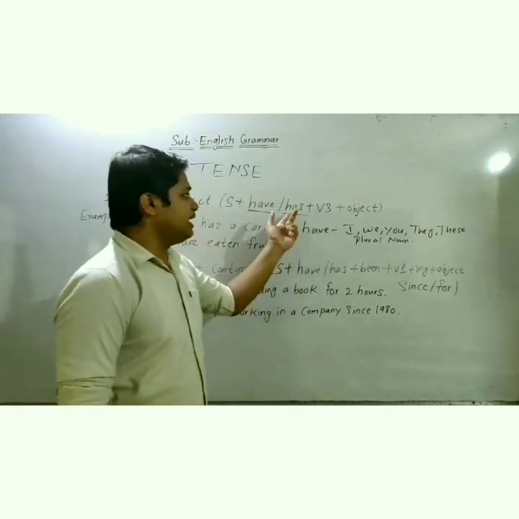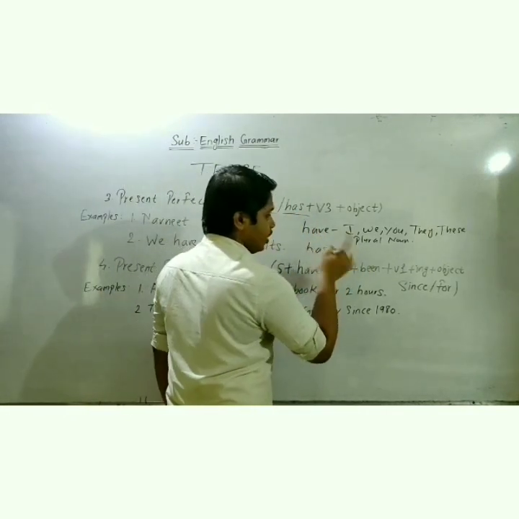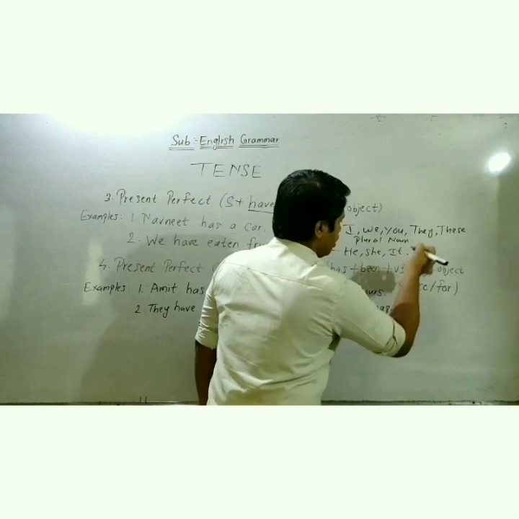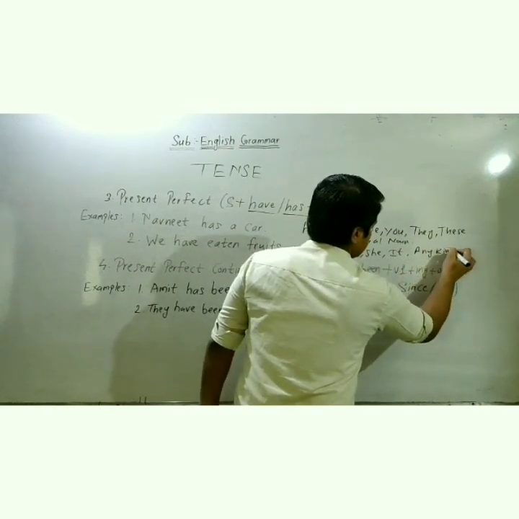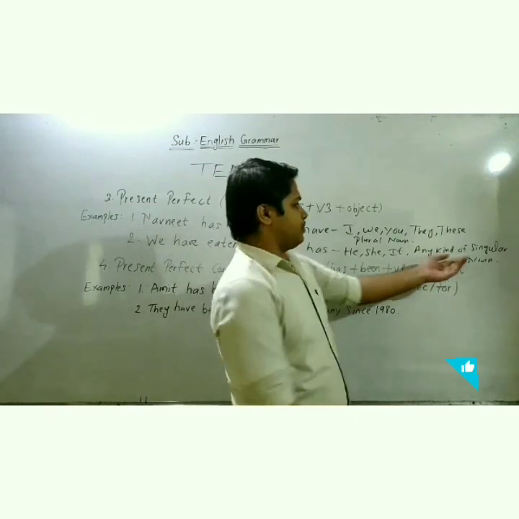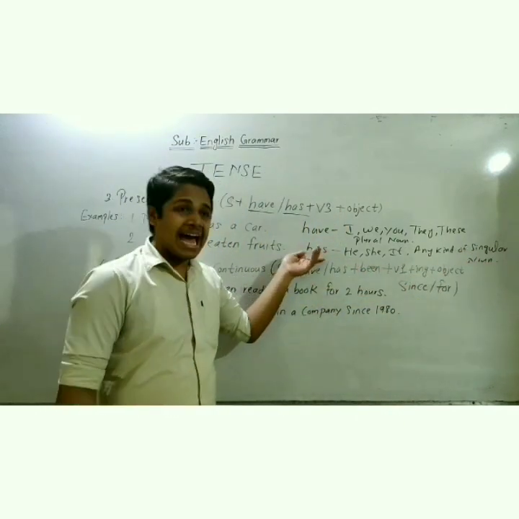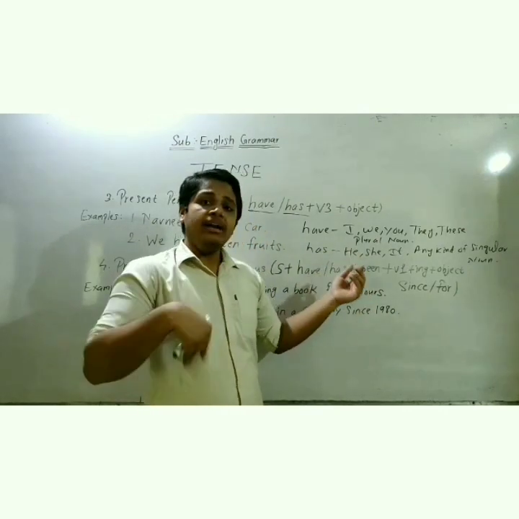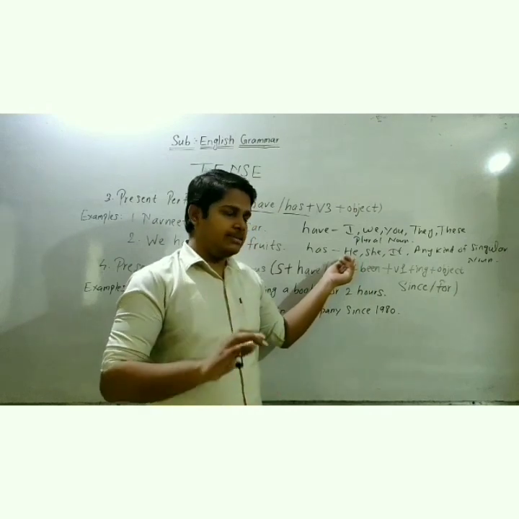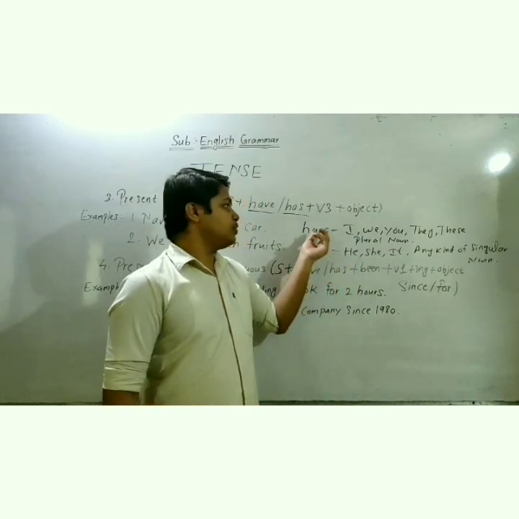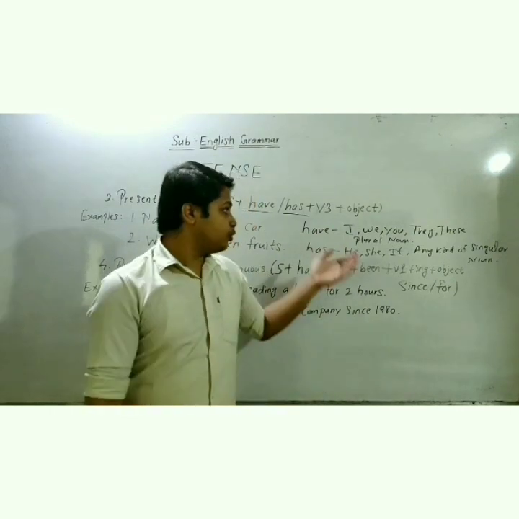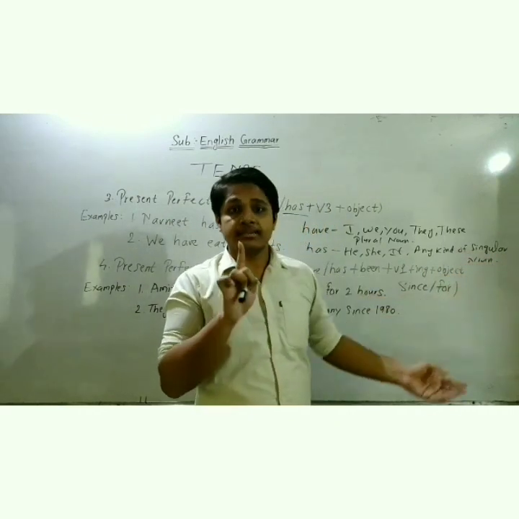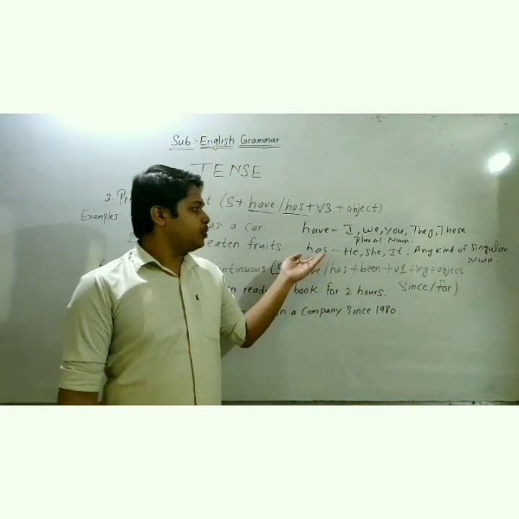And has is used with he, she, it, or any kind of singular noun. Like he for the boys: if it is Amit, Shyam, Ram, and if it is he in the subject, we can easily use has. If it is not, we have to use have. It may be a plural noun, so we use have. But if he, she, it, or any singular noun, meaning only a single noun, we have to use has.